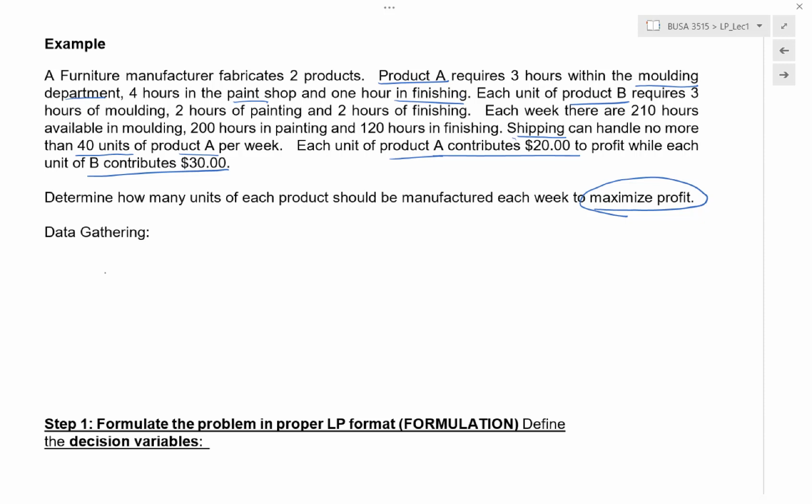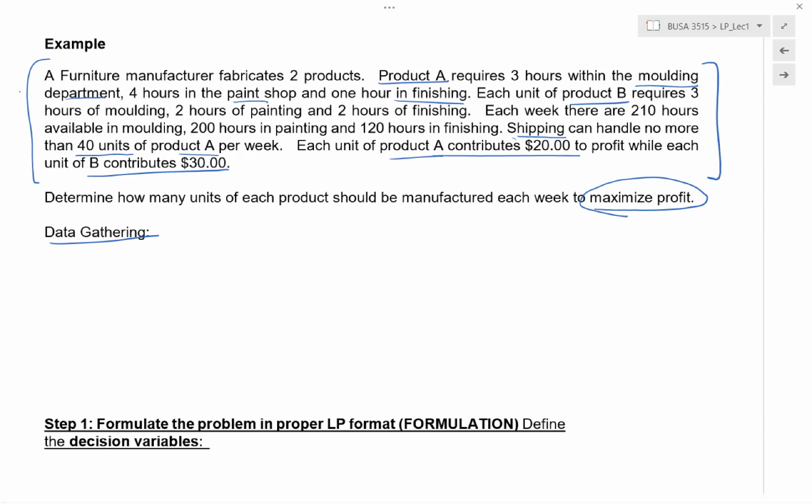Note we've almost gathered all of our data. Usually it's nice to gather your data first before you lay out your problem. We actually basically have all our data laid out in this problem quite nicely for us. Real world is not this simple. You have to go gather all this data either from talking to somebody or gathering it yourself.